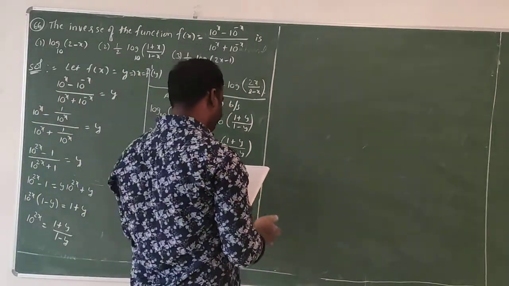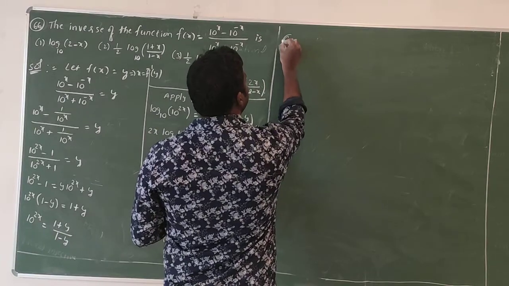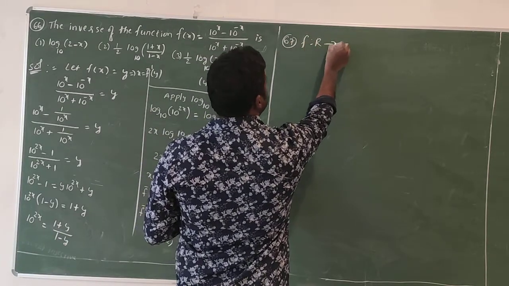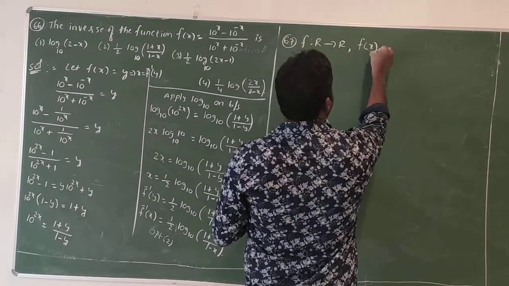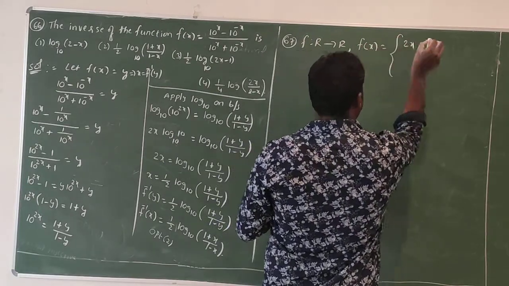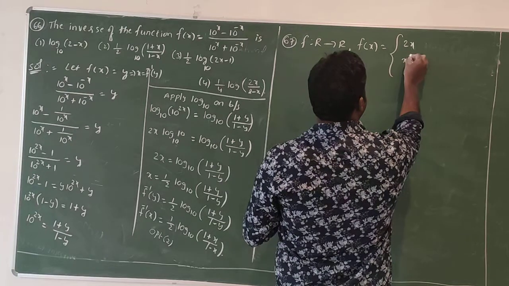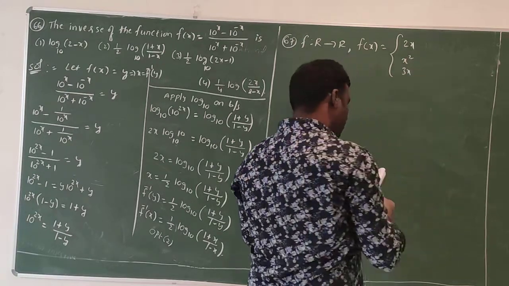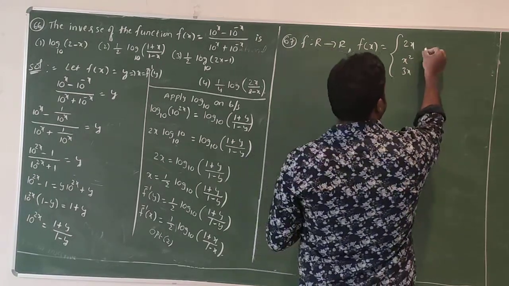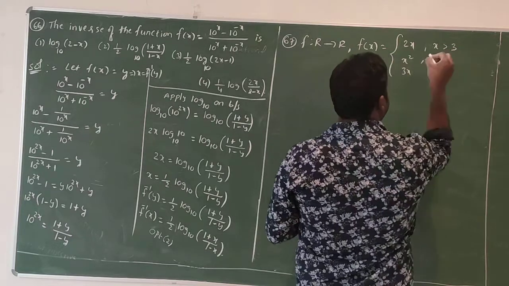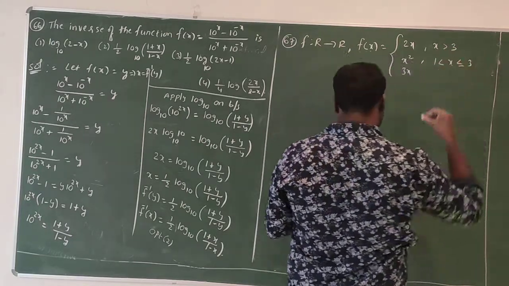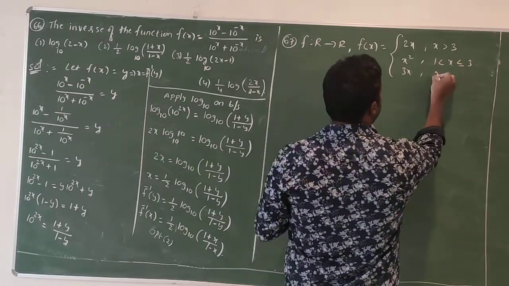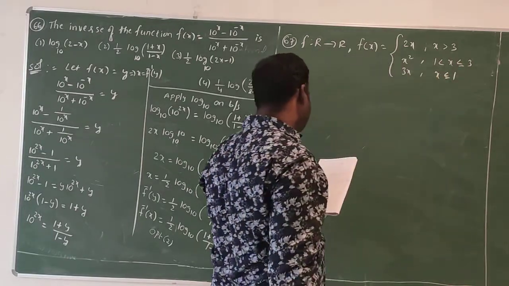Next, 67. They give f maps R to R, given by f of x equals 2x for the condition x greater than 3, x square for 1 less than x less than or equal to 3, and 3x for x less than or equal to 1.